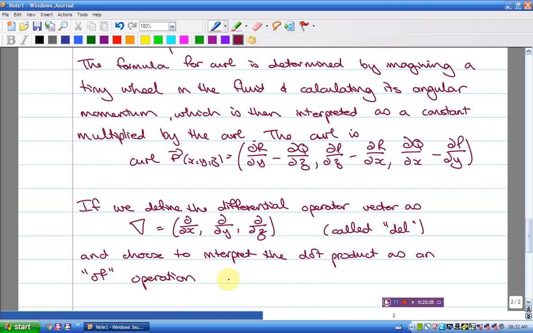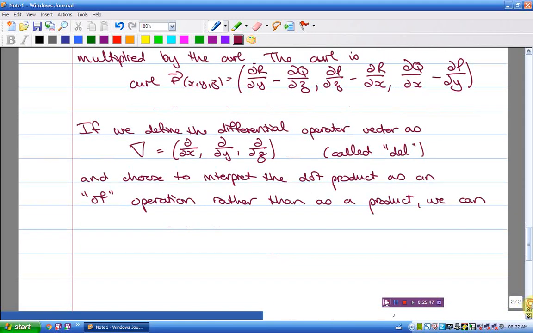If we choose to interpret the dot product as an "of" operation rather than as a product, we can define, sorry, this period is turning out to be very talky for me, but don't worry, the emphasis will shift at some point. We can define div F as del dot F and curl F as del cross F.